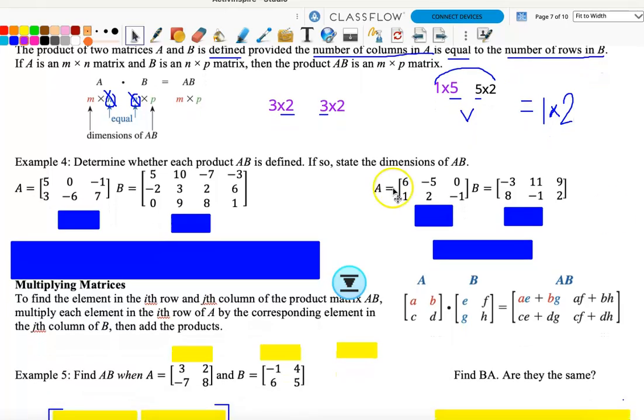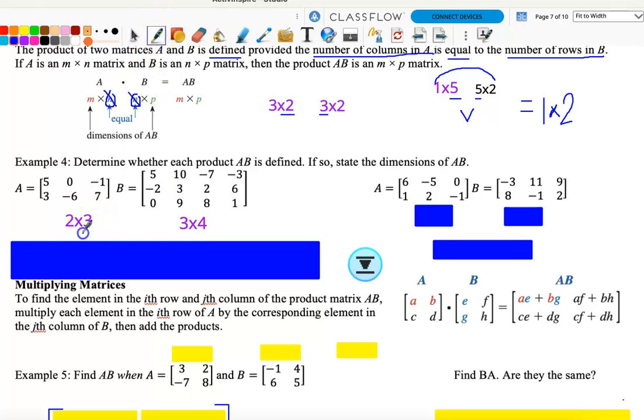Example 4, determine whether the product of AB is defined. If so, state the dimensions of AB. So A, think about your rows first. So I have a 2 row by 3 column. So that is a 2 by 3 matrix. B over here would be 1, 2, 3 rows by 1, 2, 3, 4 columns.